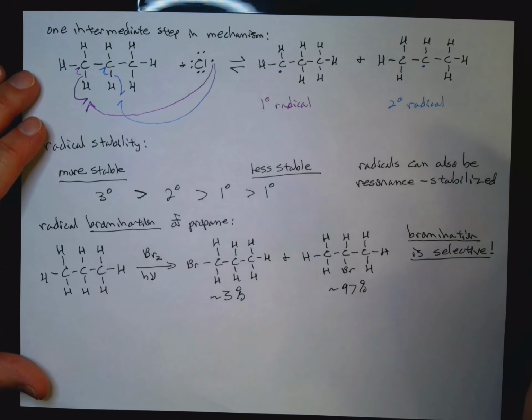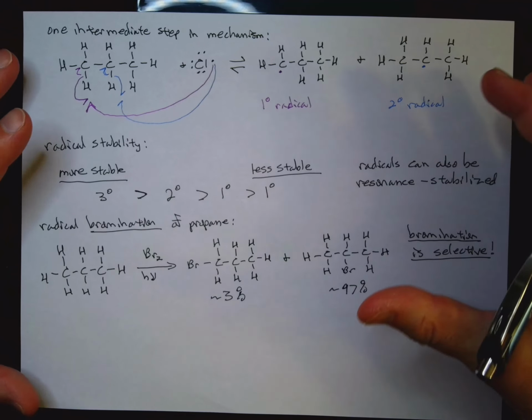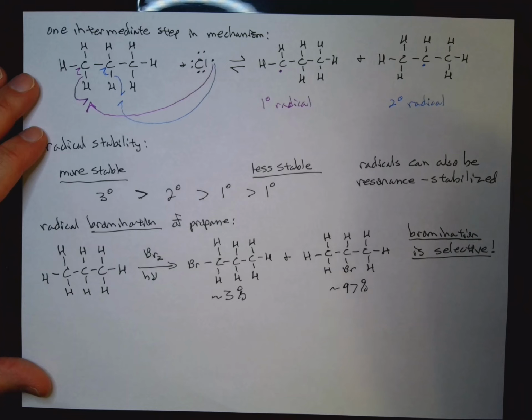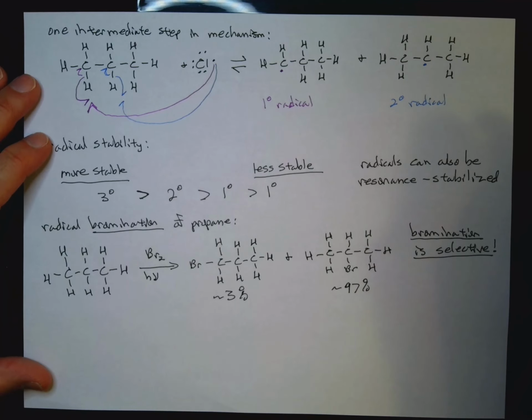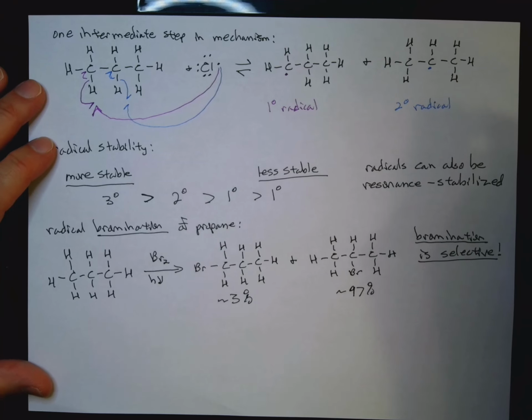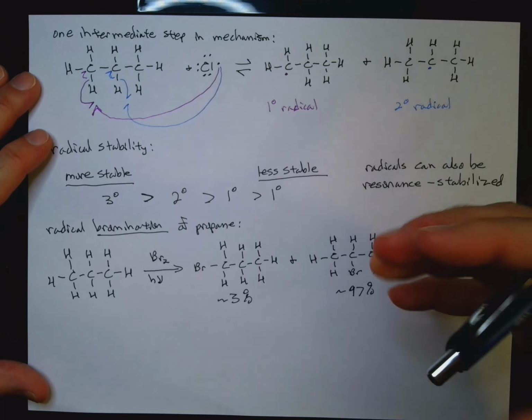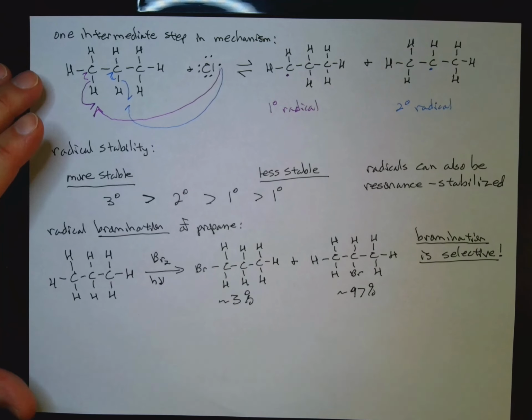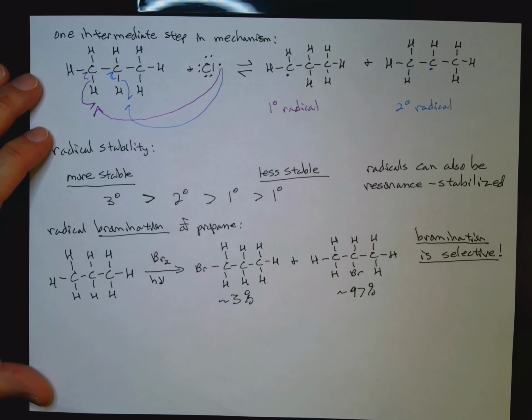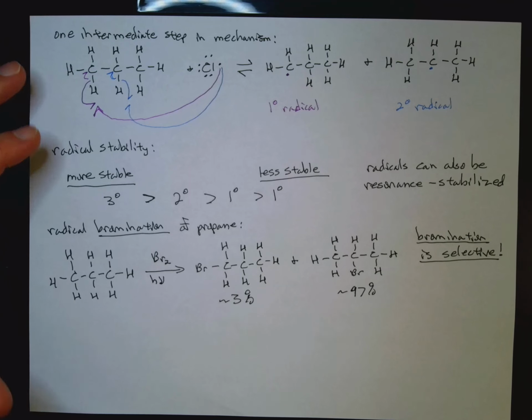So let's say this may be a way to make an alkyl halide easily from just a plain alkane. So you don't have to have the alkene in order to add Br to it. You could add bromine to the middle one if you already had the alkane. Now let's say, however, that you wanted to do the following.